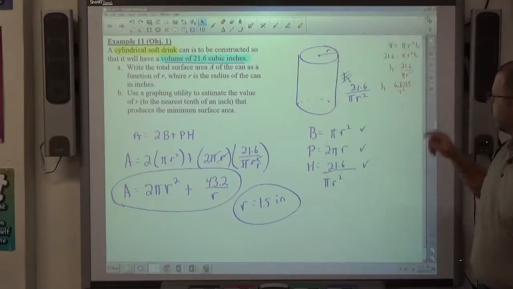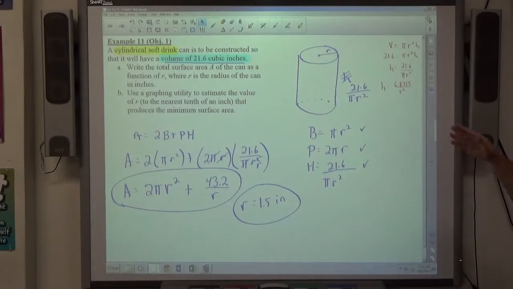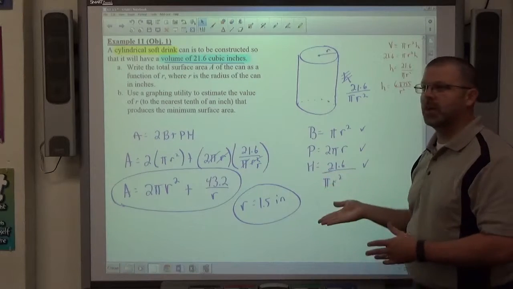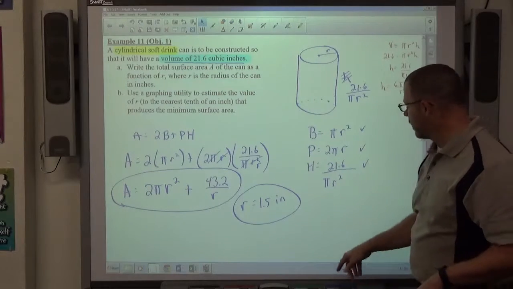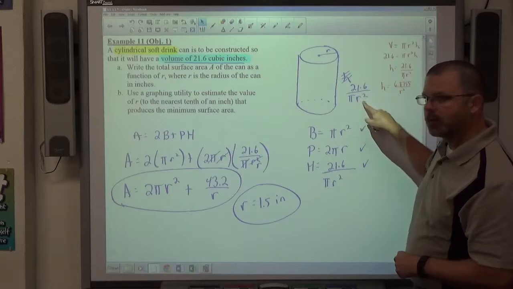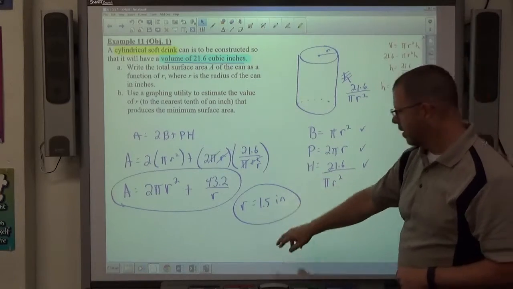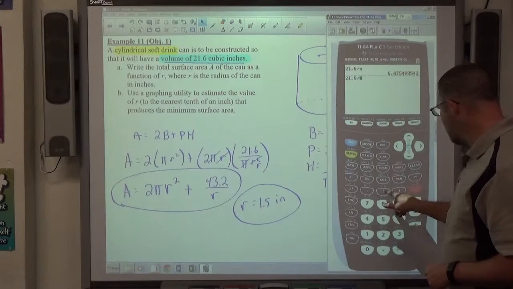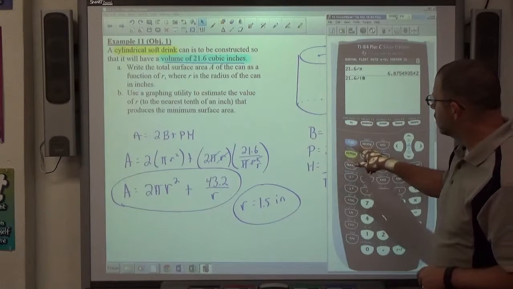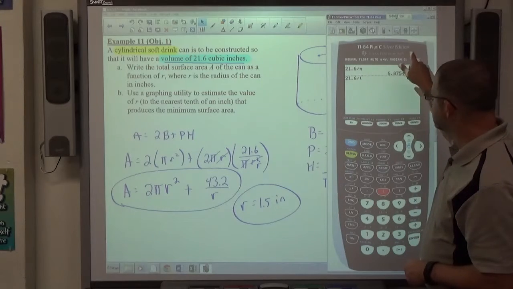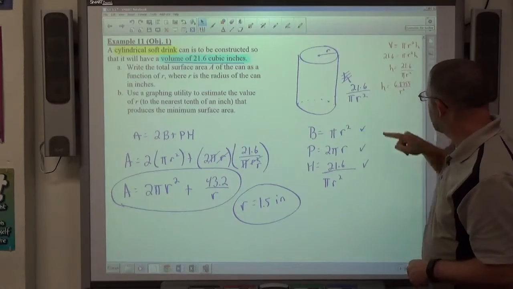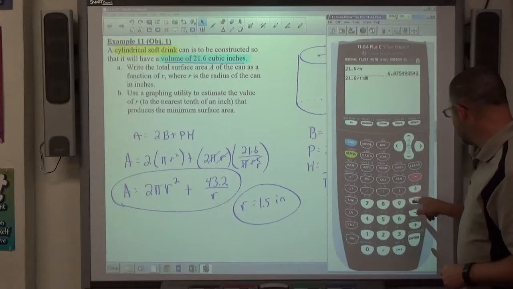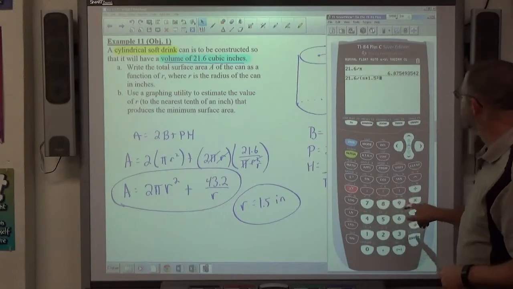Just for curiosity's sake, let's see what the optimal height would be, because they might ask for that also. If I want to know what the height is, it's 21.6 over pi r squared, using the r that we just found. So in my calculator I type 21.6 divided by parentheses, pi r squared, so pi times 1.5 squared.